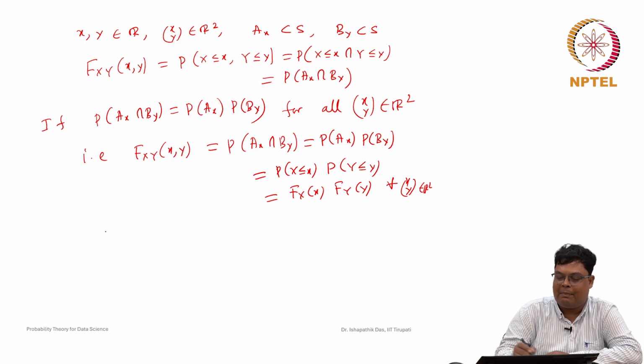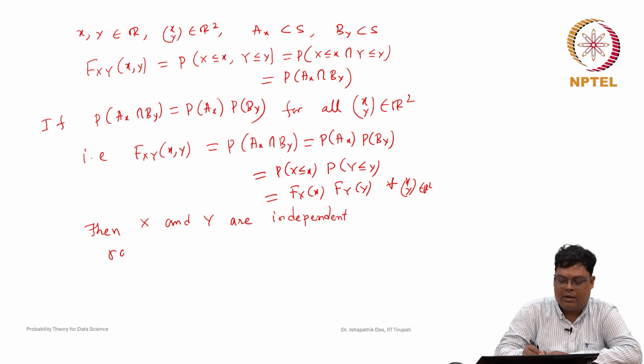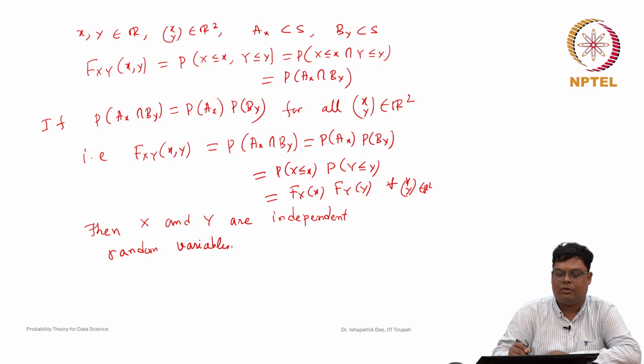So, if this happens, then this bivariate random variable, X and Y, are called independent random variables. So, this is the definition.